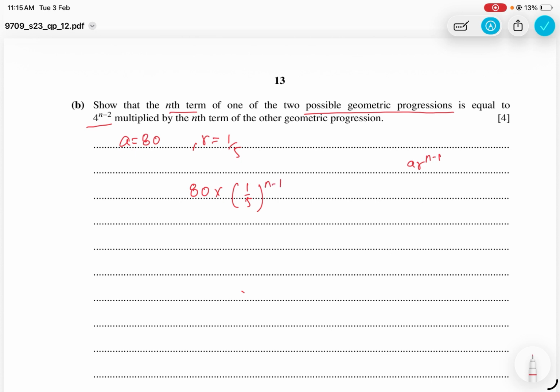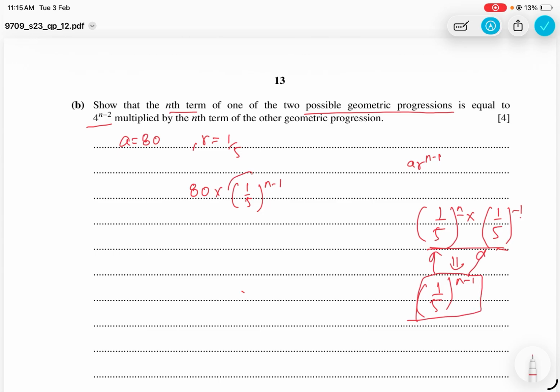Now listen. Tell me one thing. The bases are same. Do we add the powers or not? So can I simplify it, yes or no? So can I write it like this?